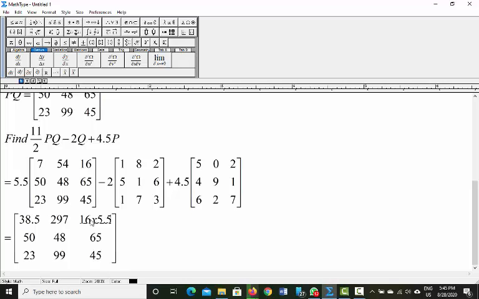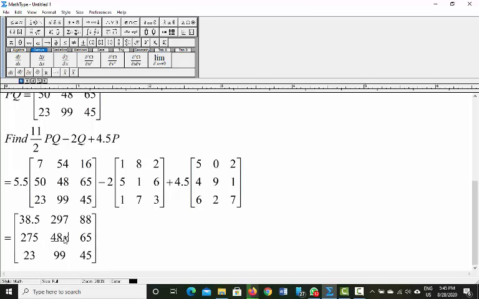So 5.5 multiplied by 16 is equal to 88. Similarly, this one multiplied by 5.5, we will get 275.